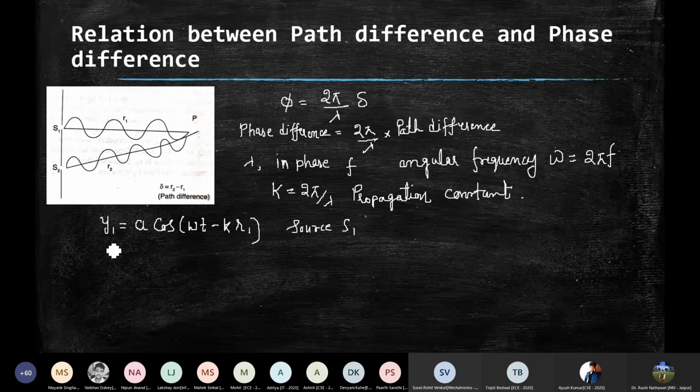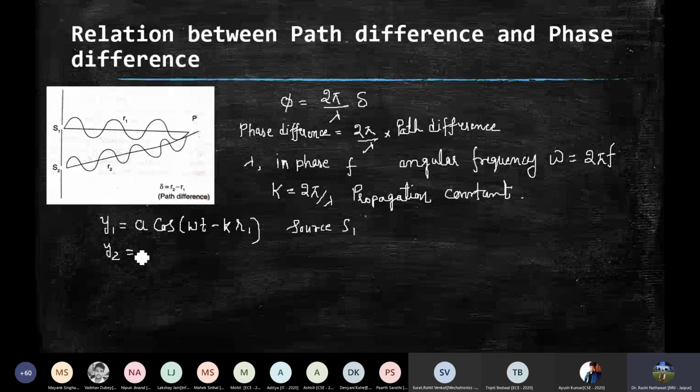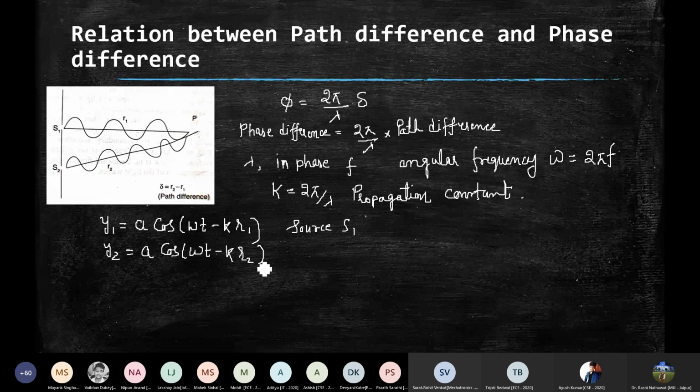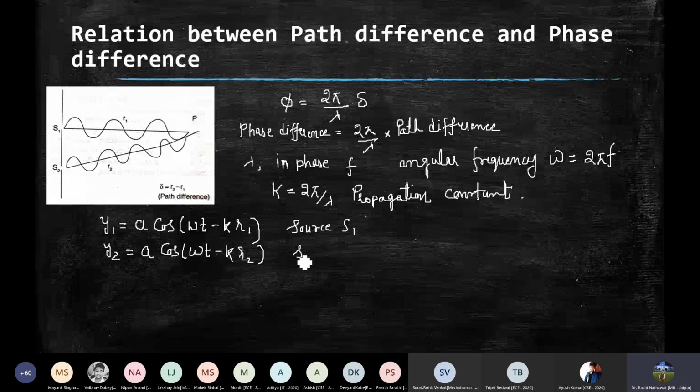Similarly, for the wave emerging from source S2, the displacement y2 equals a cos(omega t minus k r2); amplitude, frequency and phase are the same here. This is the wave emerging from source S2.